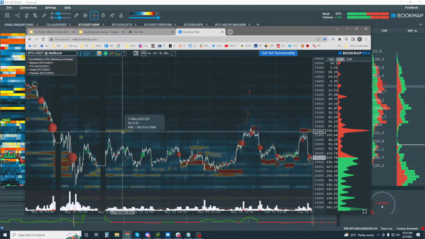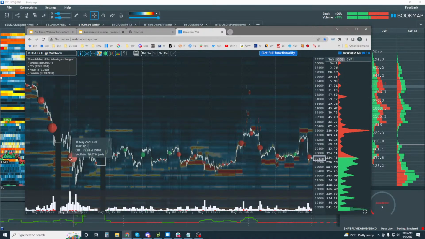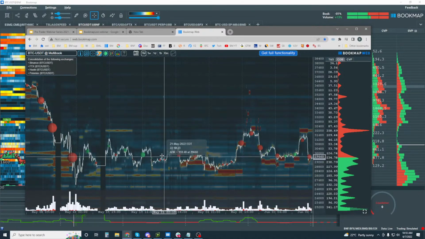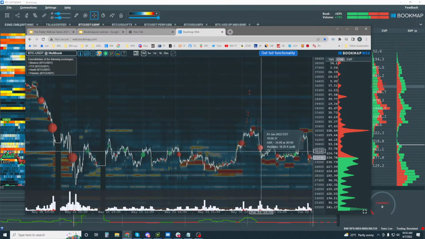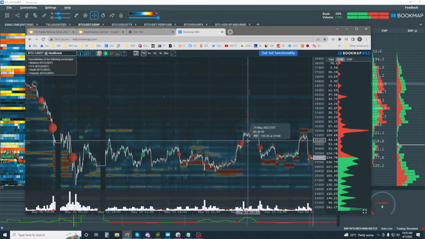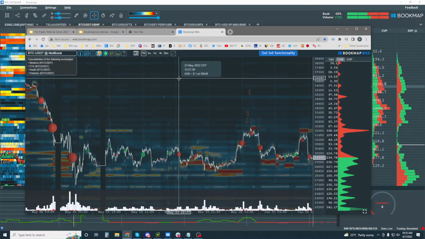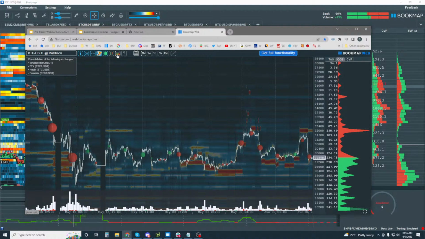Here's the big move to the downside, as you can see, and then look at all the chopping back and forth in here. And look at the move back up in the market structure. We have new drawing tools in here.